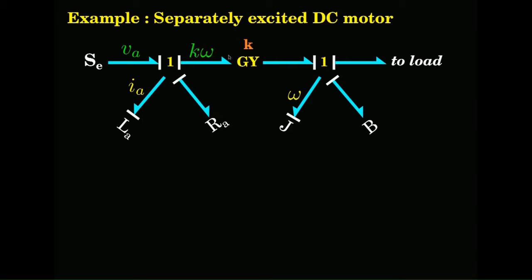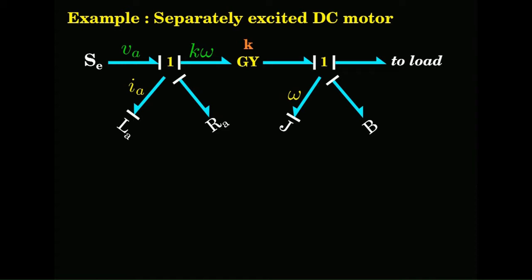K omega. Now, all these bonds here will have the same flow omega. So, this bond is also going to have omega here. Do not write it, just keep it in your mind, because if you write it, the first time I showed writing in detail, but it will clutter up the paper and it will make it a bit more confusing.